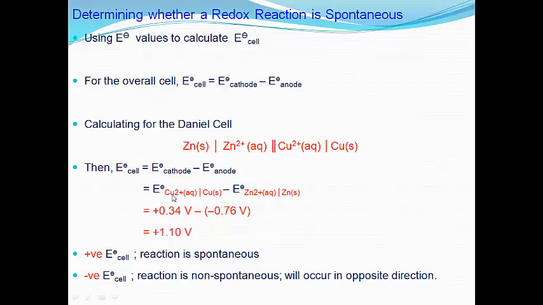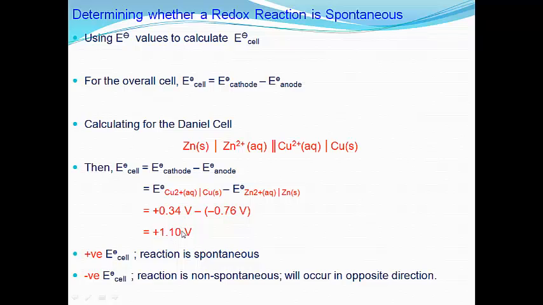So E cell is equal to E0 for the cathode, which is the copper 2 plus copper half cell, minus the E0 for the anode, which is the zinc 2 plus zinc half cell. From the electrochemical series that we just met, we plug these values in, and it turns out that the E cell for the Daniell cell is equal to 1.10 volts.